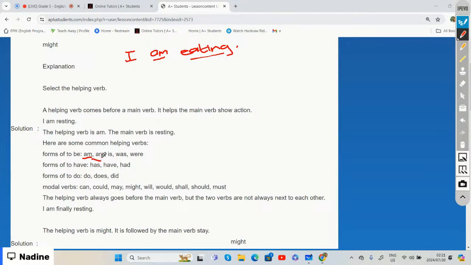The word are, remember we said that are refers to two or more people doing an action, right? So we can say they are.